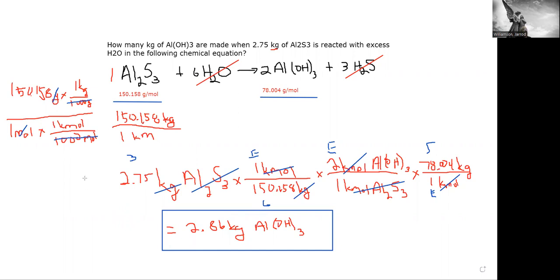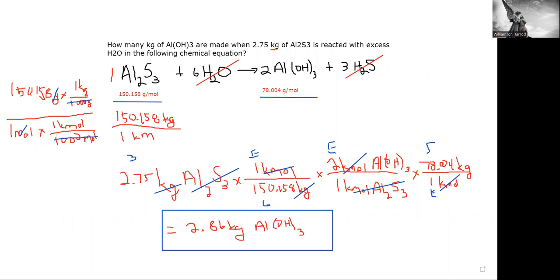Now, this trick might seem confusing, but let's look at this again. I had 150.158 grams. If I want to turn that into kilograms, I'd go 1 kilogram divided by 1,000 grams, so I'm dividing the 150.158 by 1,000.